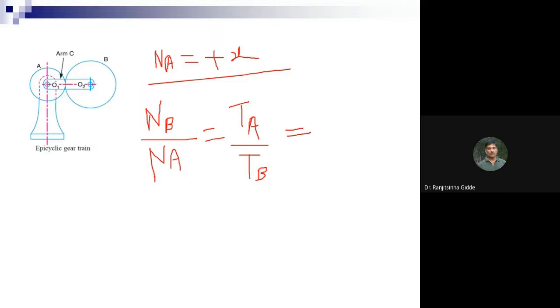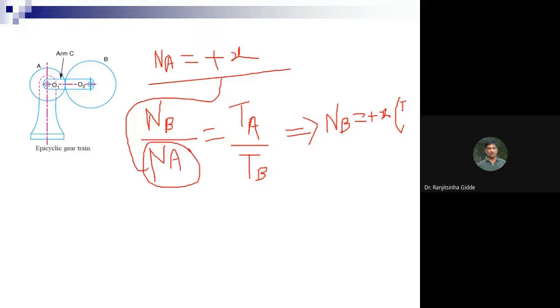Okay. How can we write? Therefore, NB is equal to plus X, because the value for this NA is plus X, inside the bracket this TA upon TB. Okay.